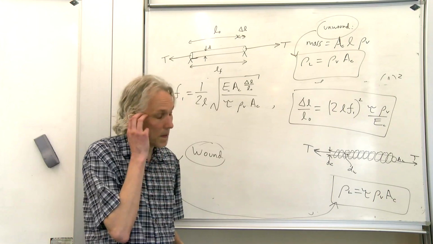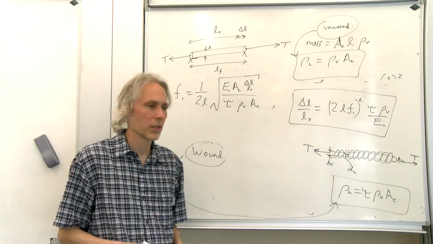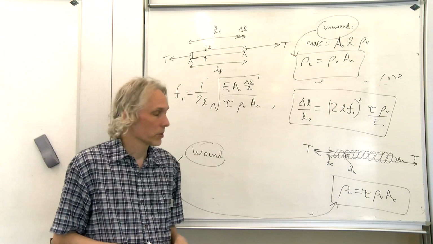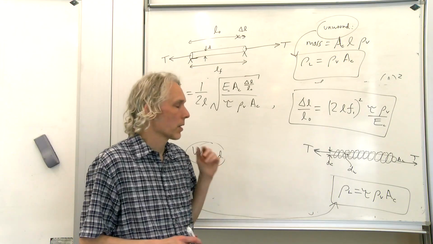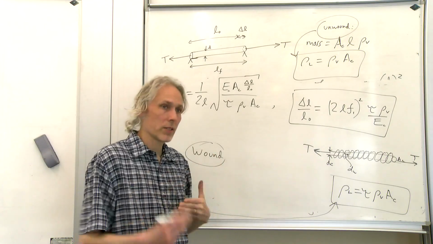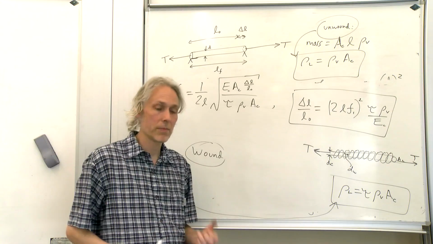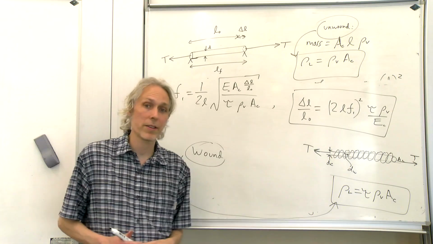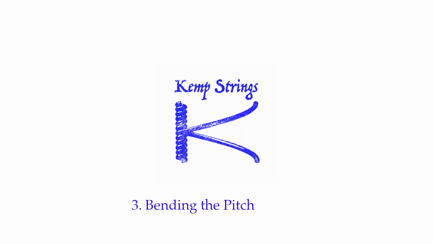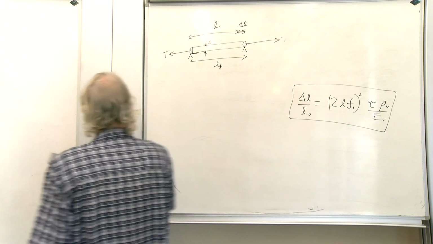So in the next bit of the discussion, we'll go on and talk about what happens when you actually bend the string to the side into a triangle shape, say at the 12th fret, and see what happens.